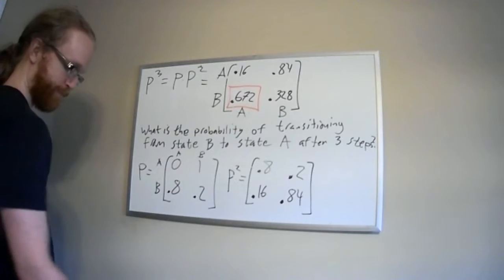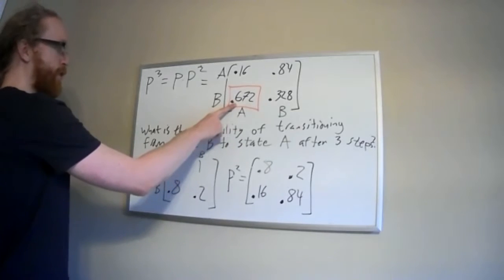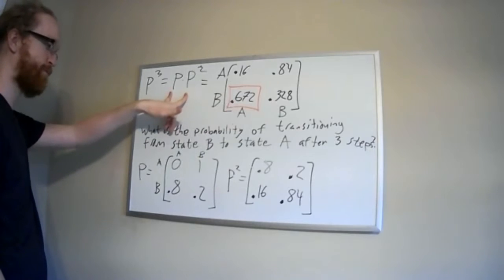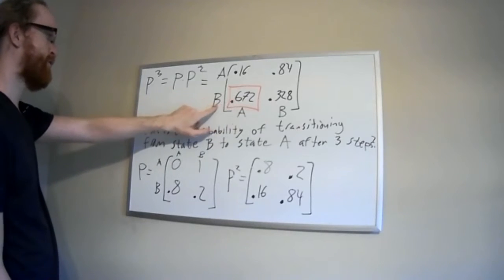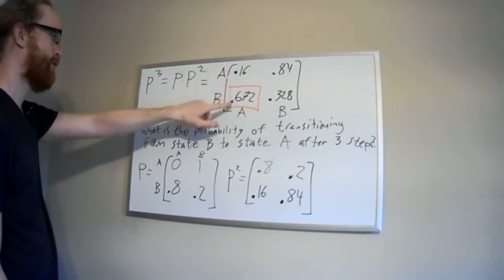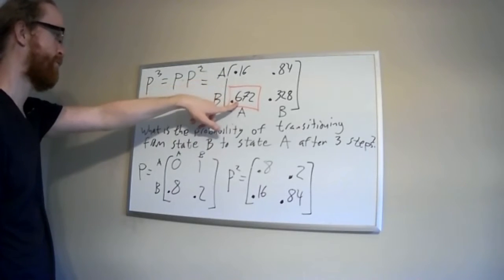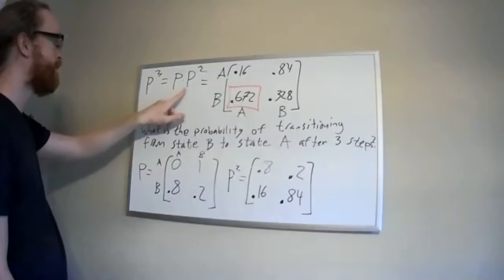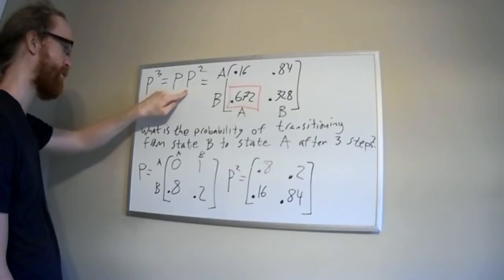For example, what do I need to know to find this number? I'm multiplying these two matrices. To get this number, this is the second row, first column. So that means I need to know the second row of P and the first column of P squared.